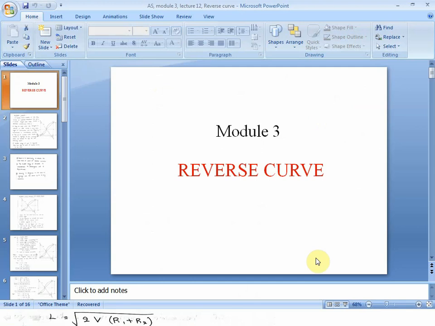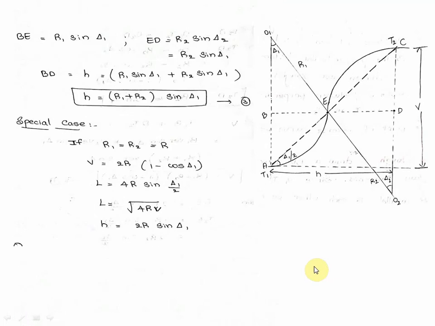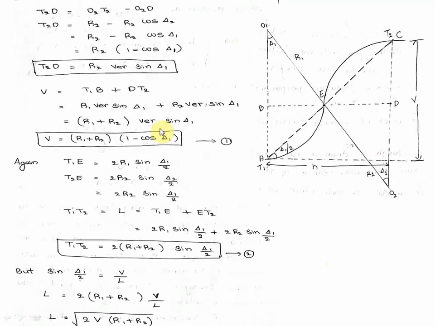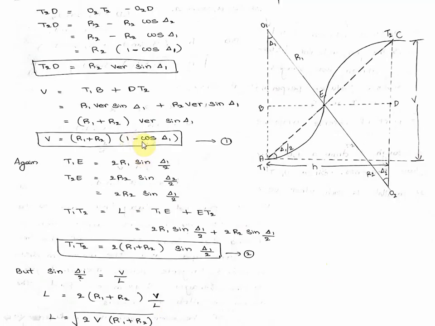So versin delta 1 equals 1 minus cos delta 1. This is your first equation.